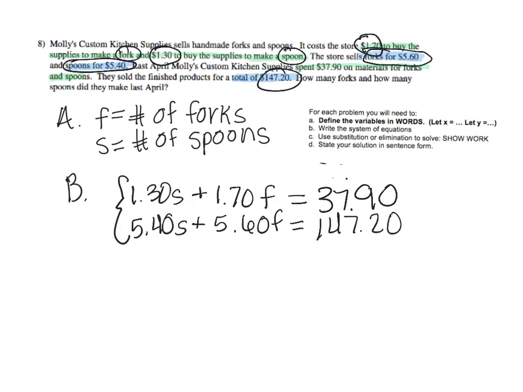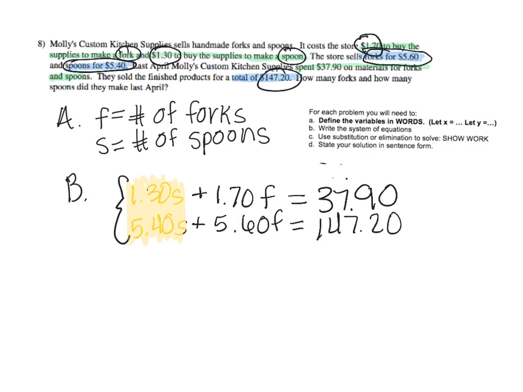For this problem, I am going to use elimination again, but I'm going to have to be very, very careful when I'm doing multiplication. So I'm going to start this by eliminating the S's. Now, I will do that by multiplying them by the opposite.